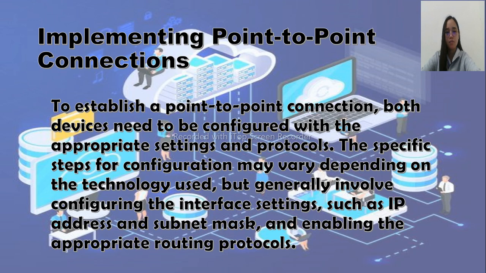The specific steps for configuration may vary depending on the technology used, but generally involve configuring the interface settings such as IP address and subnet mask and enabling appropriate routing protocols.